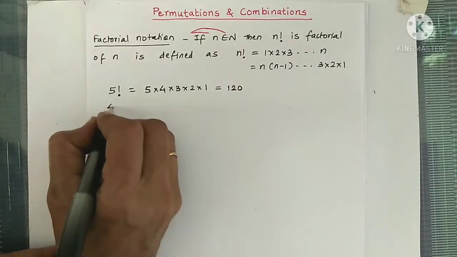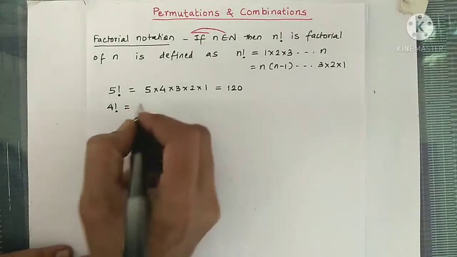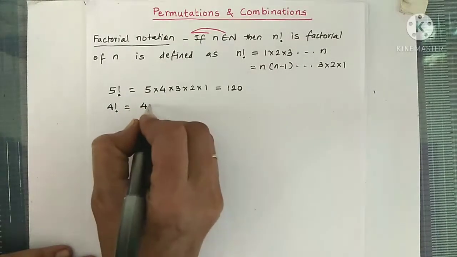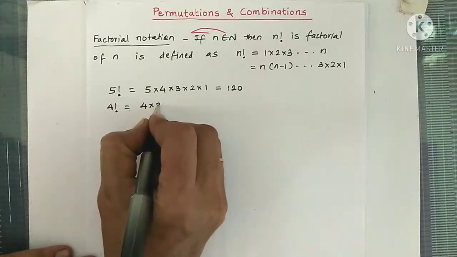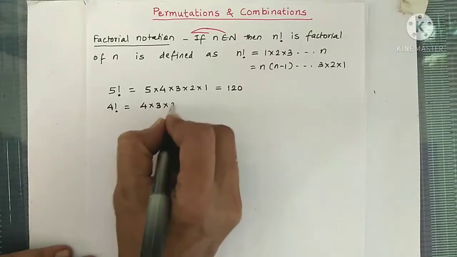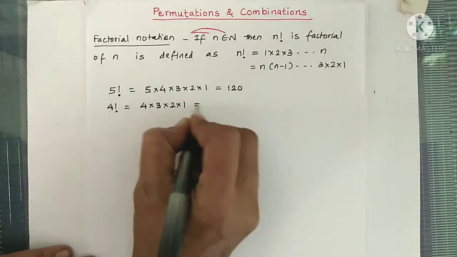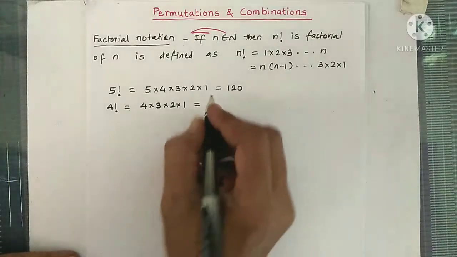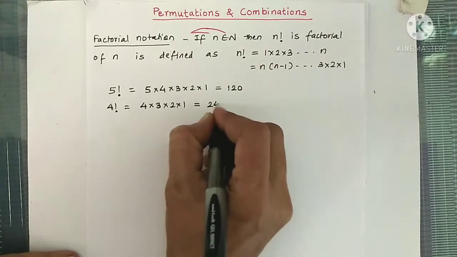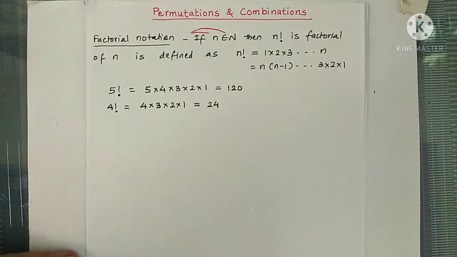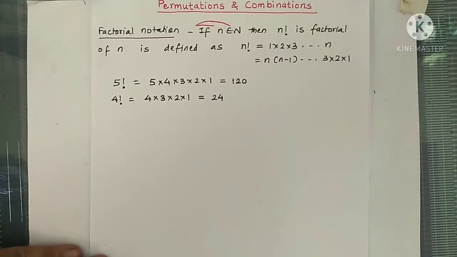If we want to find 4 factorial, then start with 4 and write the numbers in descending order, 4, 3, 2, 1, and this value is 24. So 4 factorial is 24. So n factorial is n, n minus 1, and so on up to 1.